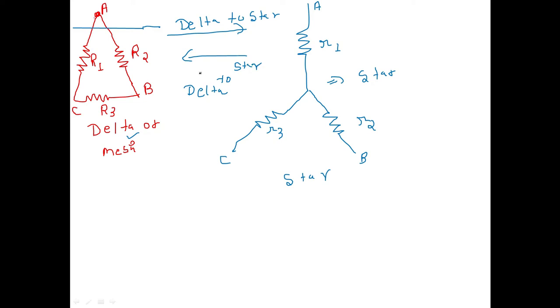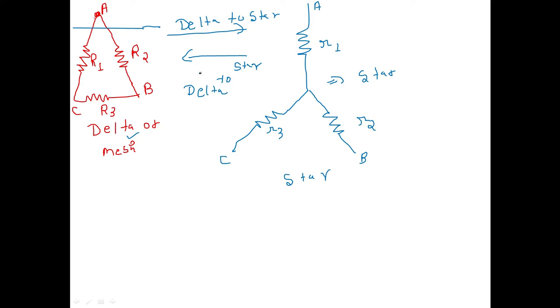The replacement of delta or mesh by an equivalent star system is known as delta star transformation. In delta star transformation we transform one circuit into another by transforming delta into star or star into delta, that is known as star delta transformation or delta star transformation.